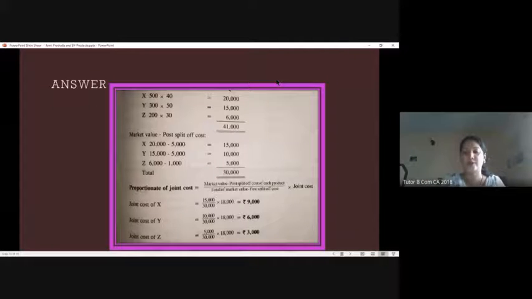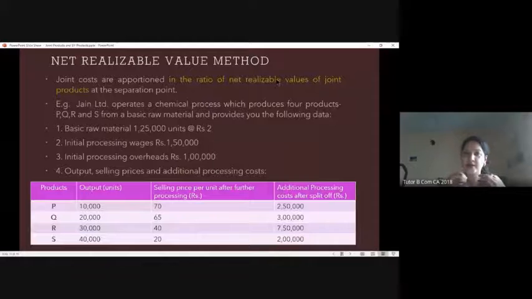Right, now going with the third method. This is a little different, but still here the crux is market value. This method is called the net realizable method. Net realizable method is nothing but actual value realized from the joint product, actual value which is based on your cost and profit. That's what you consider in this method.